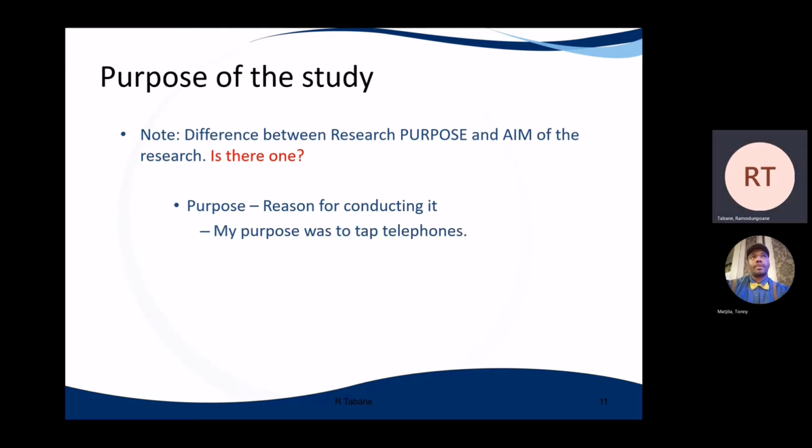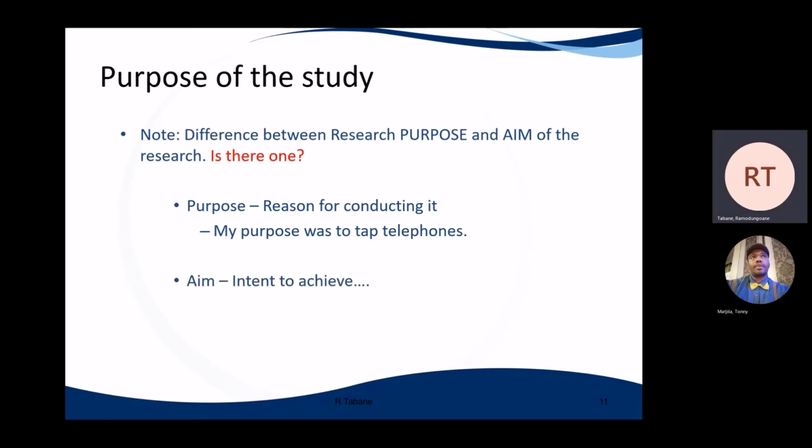So you can start by saying my purpose, for instance, was to tap your wife's or your boyfriend's phone, right? Why did you do that? Why did you tap your husband's phone, your wife's phone, or your children's phone?